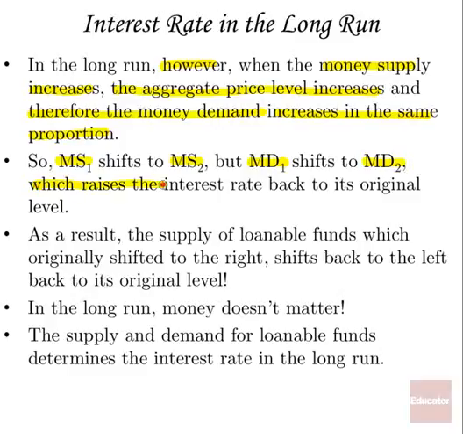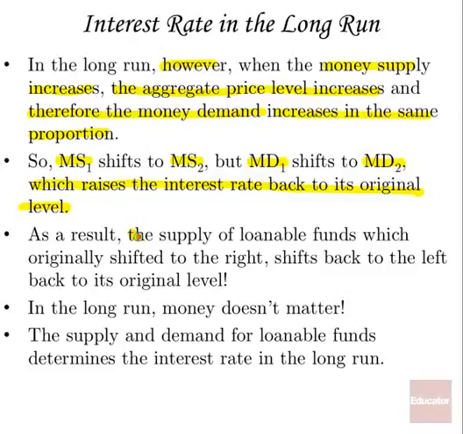Now that's going to raise the interest rates back to its original level here. So basically there's no change in interest rates. Basically money is neutral. So money has a short run impact, but if you increase the supply of money, it's going to lower the interest rates, which increases the GDP, which shifts the money demand curve. And so you're back to the same interest rates you were at before.